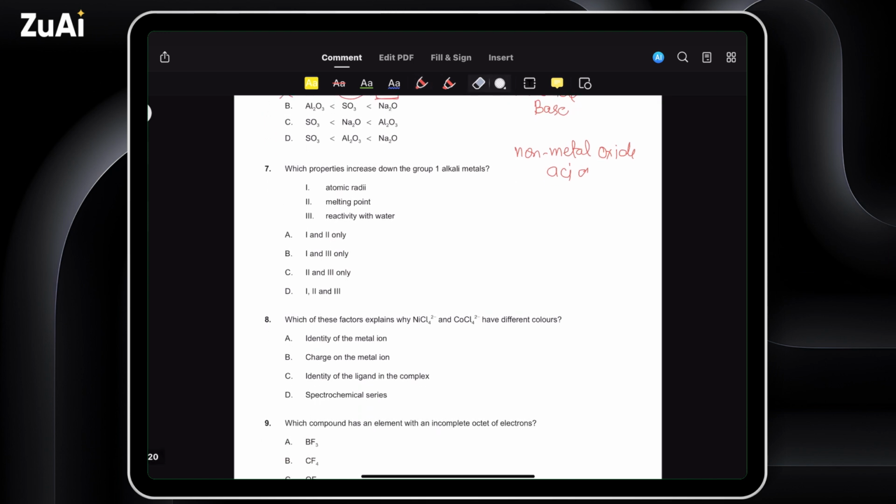Which property increases down the group? Down the group, always remember atomic radius is going to increase. Melting point of alkali metals is going to decrease. Why? Because the strength of metallic bonding is going to decrease. So it's not going to increase, that's wrong. Reactivity: as we move from top to bottom, the electron becomes further away from the nucleus.